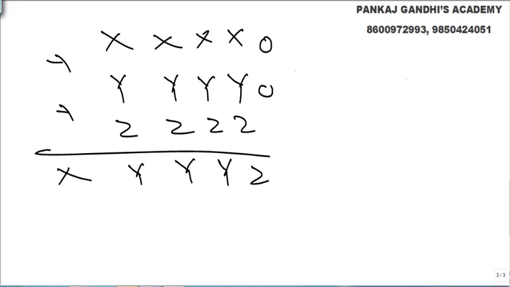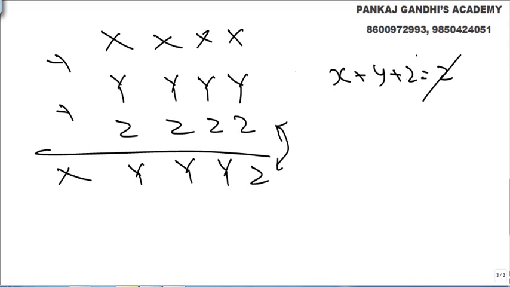This is possible if the other two are 0, which is not possible. If I am getting last digit z, then z comes up as it is, so the remaining two things' summation can be 10 or 20.